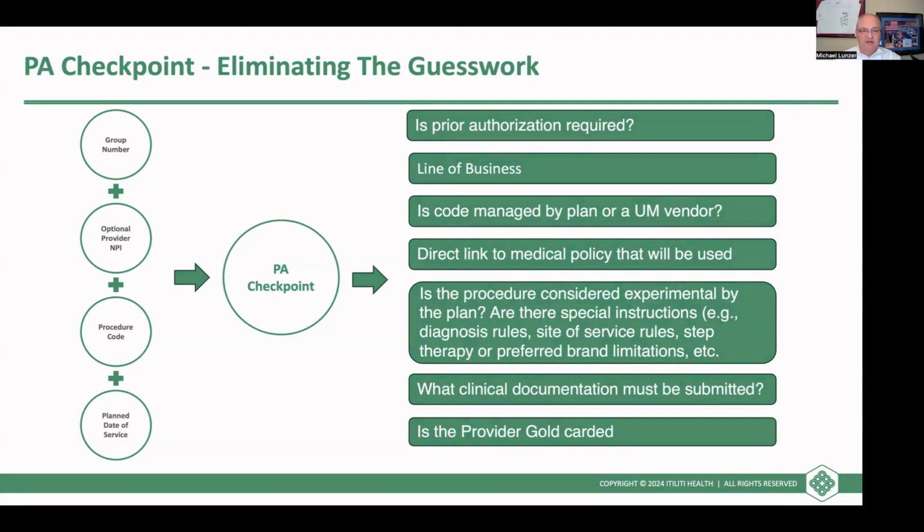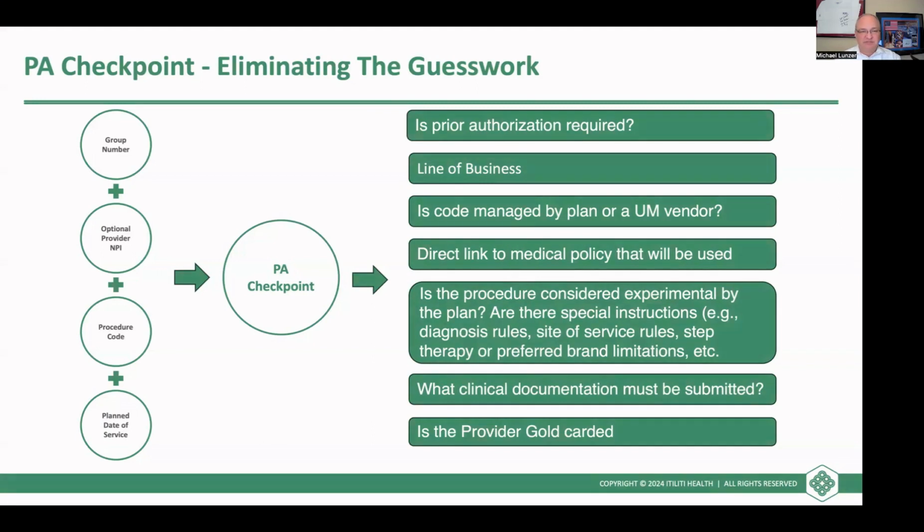We also provide a direct link to the medical policy that would apply to this particular procedure, so the provider can know if there are any clinical rules they need to follow that may or may not have been met yet. In addition, we tell the provider if this procedure is considered experimental, are there any special instructions, diagnosis code rules, site of service rules.